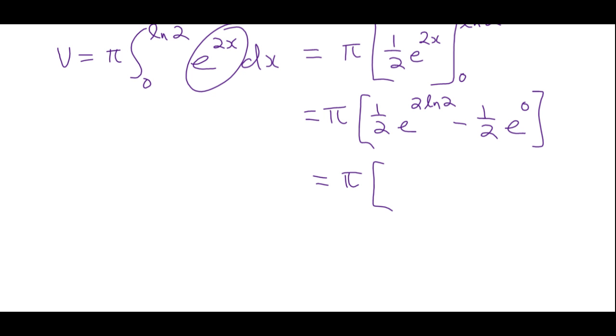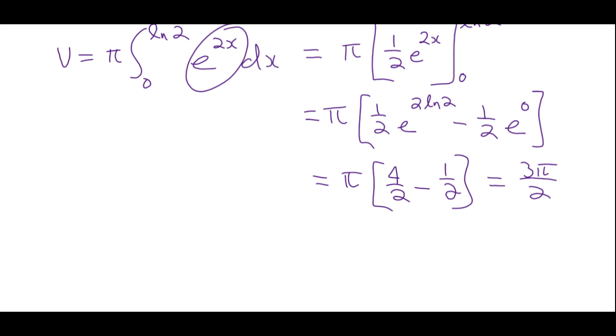What's e to the ln 2? 2. Squared is 4. So let's call that 4 over 2 because it's a half of 4. Minus a half of, what's e to the 0? 1. So minus a half. So 3/2 pi, 3 pi over 2.